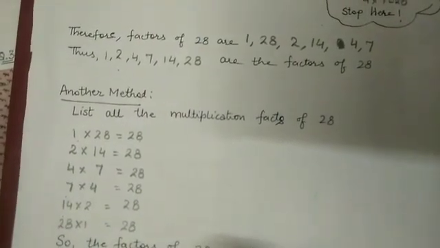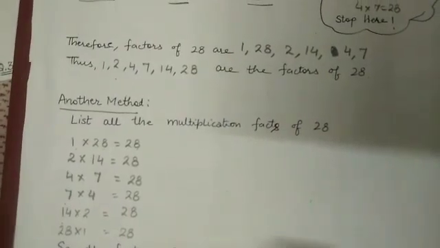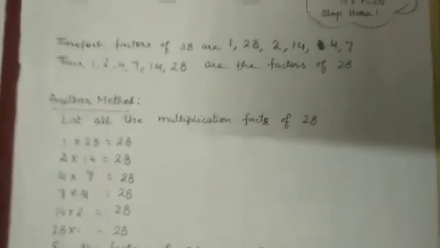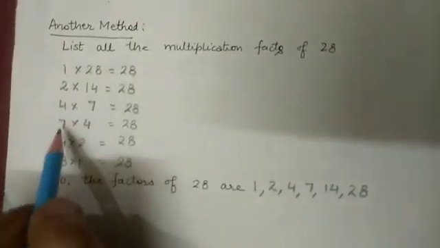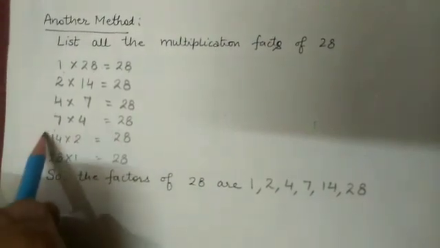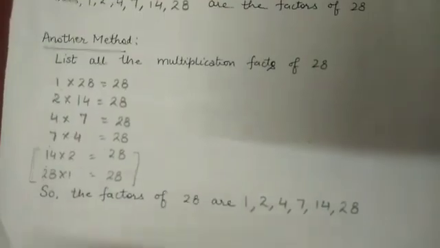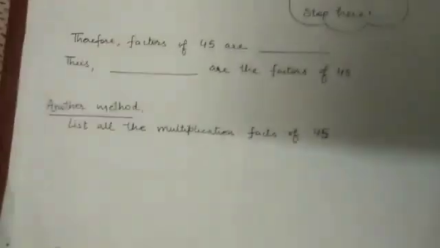So the factors are 1, 2, 4, 7, 14 and 28. From next time, when we start getting the same multiplication fact, we will stop writing these numbers because these are same. Let us take another example.